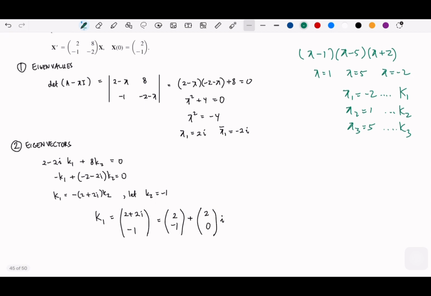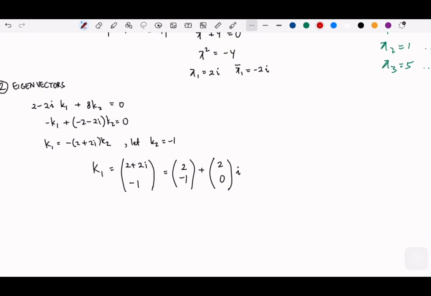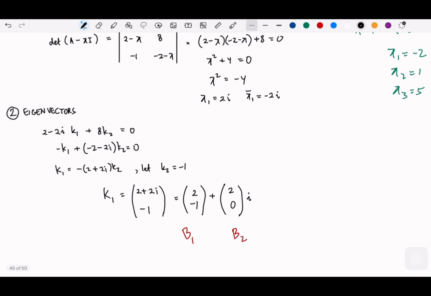Okay, anyway, so we have, this is the B1, and this is the B2. So the real and the imaginary, right? And then remember that eigenvalues for complex should be in terms of alpha and beta, right?